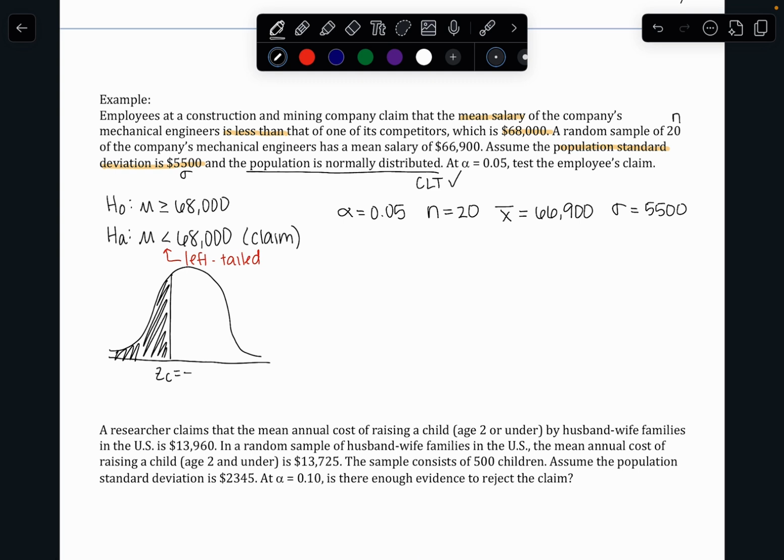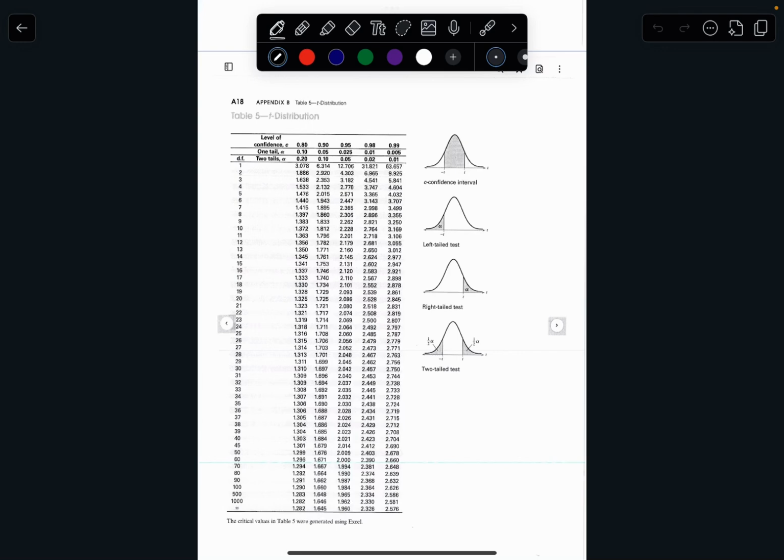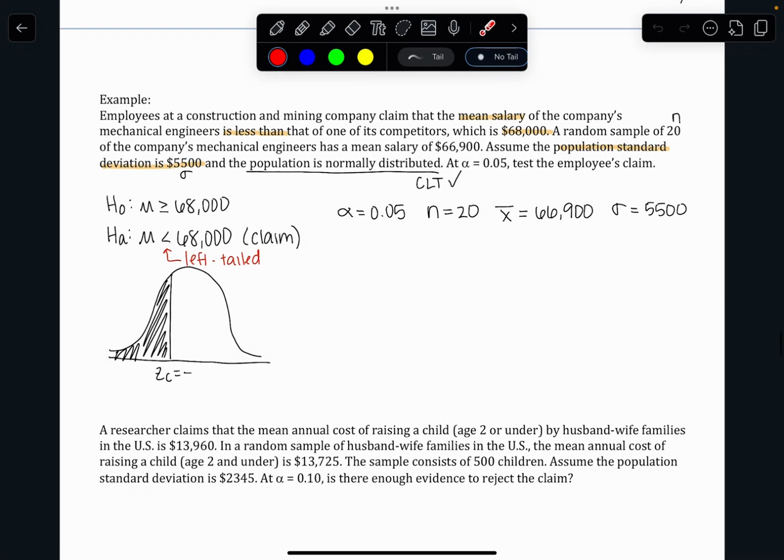Okay, so if we go and look at our table, remember, we can always just use our t-table for this. Left-tailed here, you can see that it's going to be a negative. It's one tail, and alpha was 0.05. And we're just going to go to the very bottom and our critical value is going to be 1.645. So our critical value is negative 1.645.